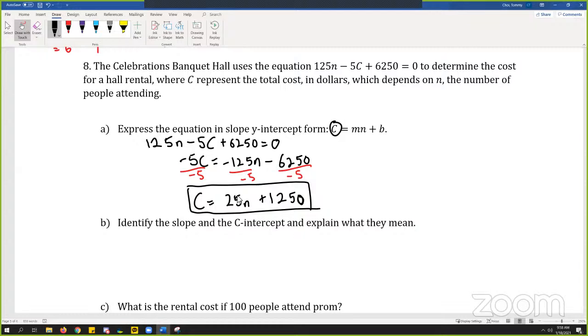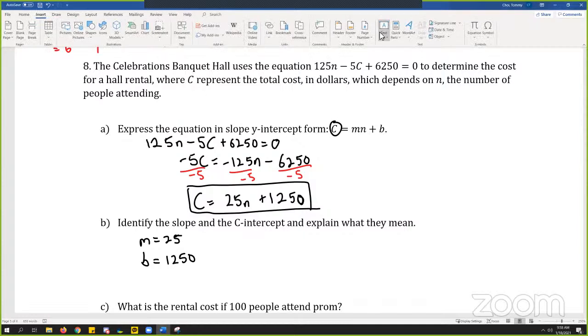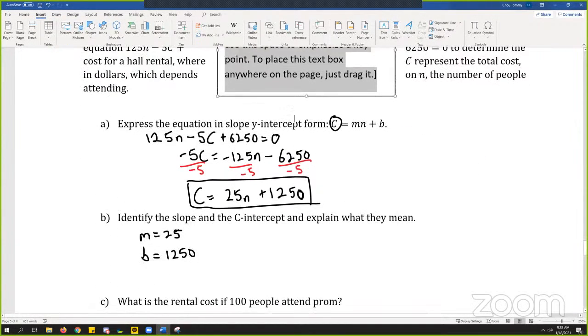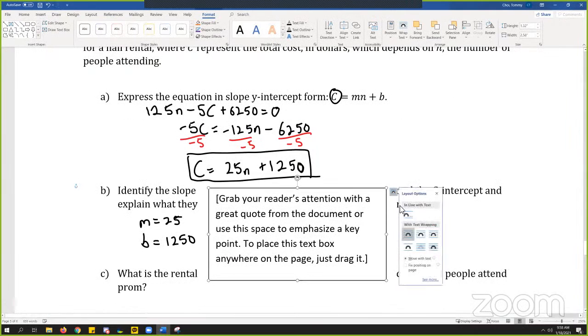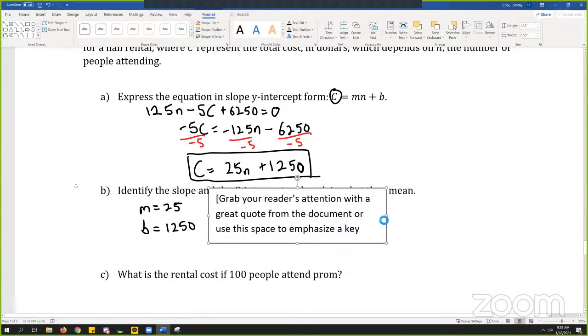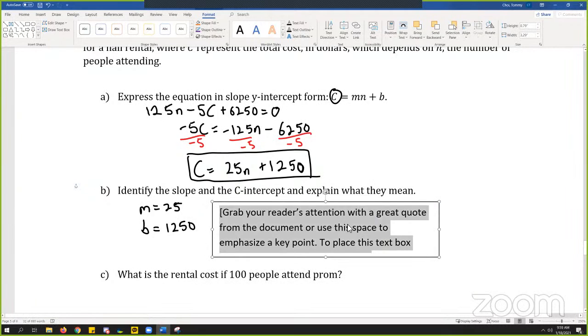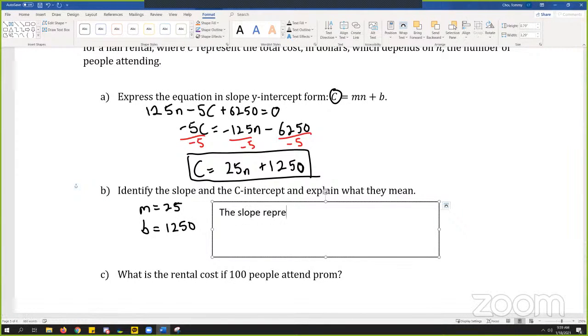Question B says identify the slope and the c-intercept, or the y-intercept here. The slope is 25. The y-intercept is 1,250. What do they mean? Well, we can plug in our simple text box here. The slope represents the cost per person attending.